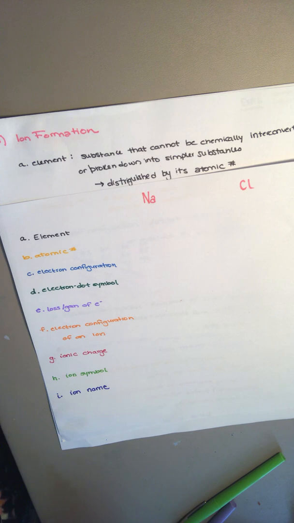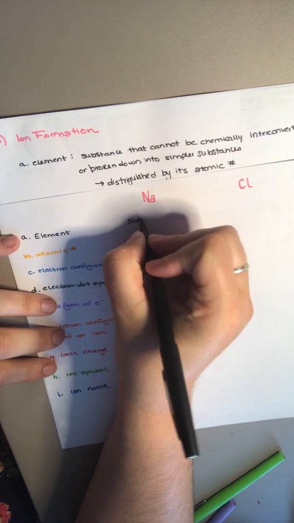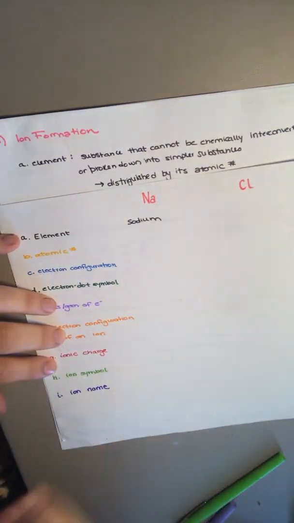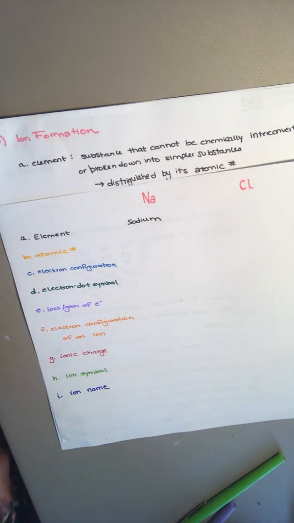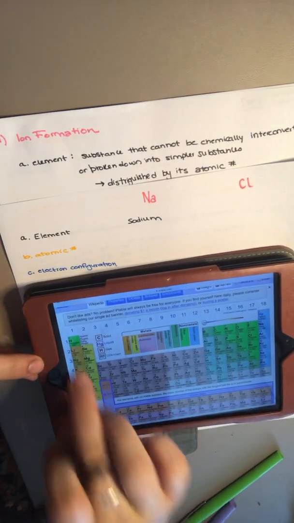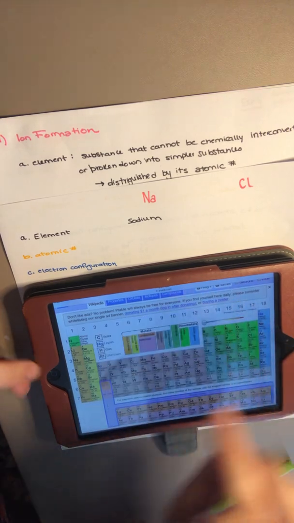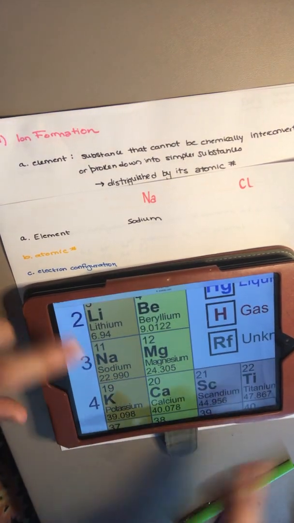So our first one is going to be Na, and we talked a little bit about this before, but Na is our sodium ion. And if we're looking at this, we can pull up our periodic table, and we know that sodium is atomic number 11.